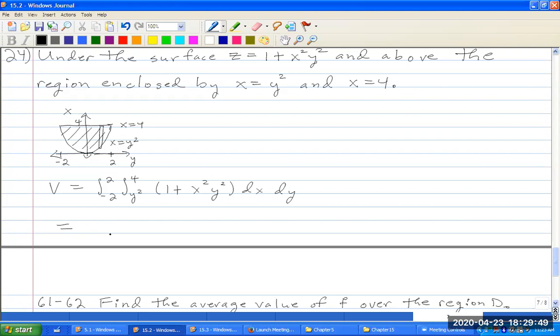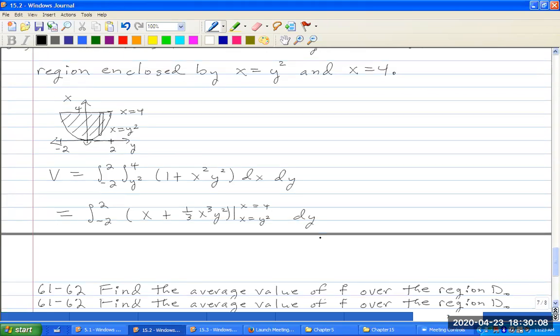This is the integral from minus 2 to 2. I'm integrating with respect to x, so it's x plus 1/3 x cubed y squared between x equaling y squared and x equaling 4.